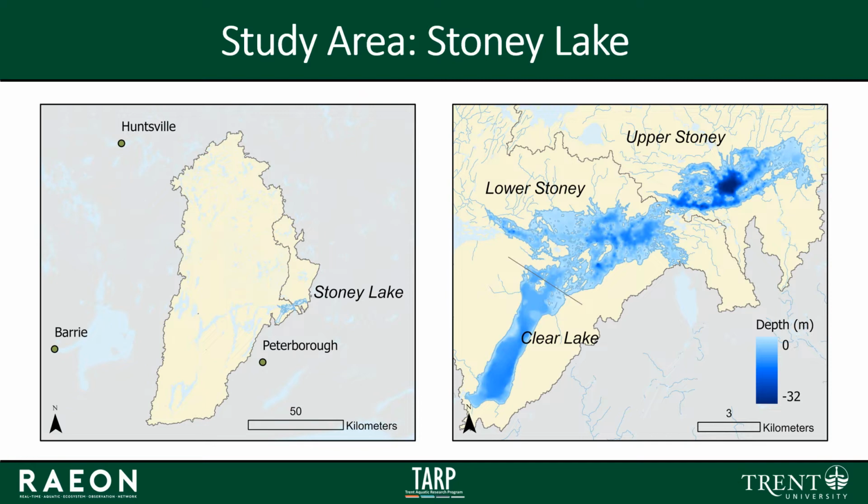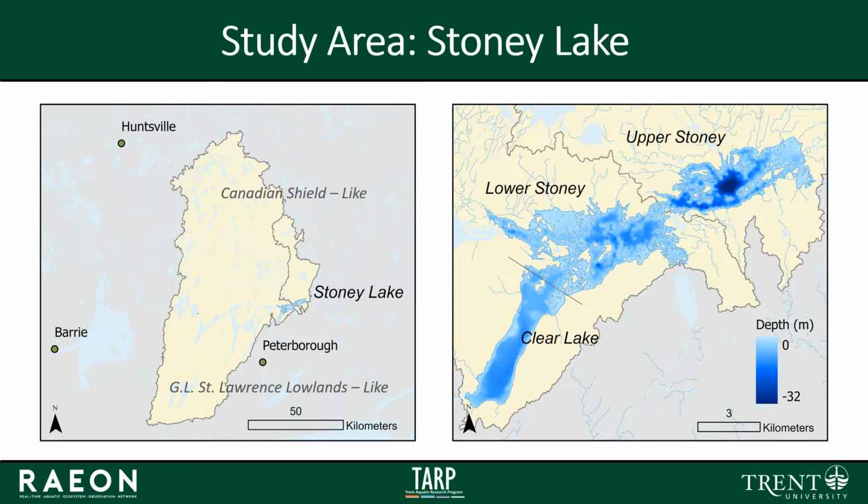If we look on the map on the left, we can see that the Stoney Lake watershed is actually quite large. In fact, it spans two physiographically distinct regions in Ontario, the Canadian Shield to the north and the Great Lakes St. Lawrence lowlands to the south. If we focus in on the Upper Stoney Lake subwatershed right here, you can see that it's much smaller, and it primarily drains the Canadian Shield.